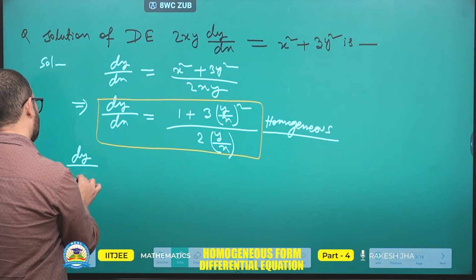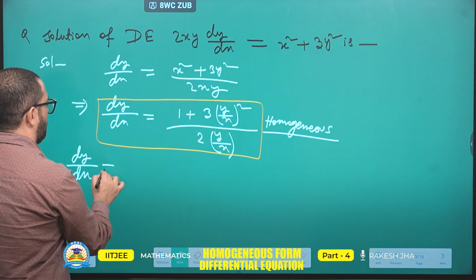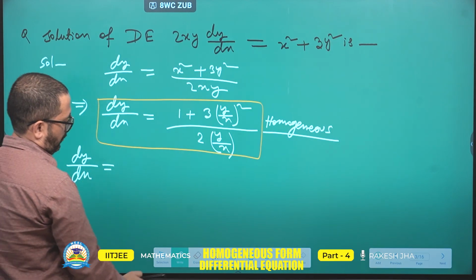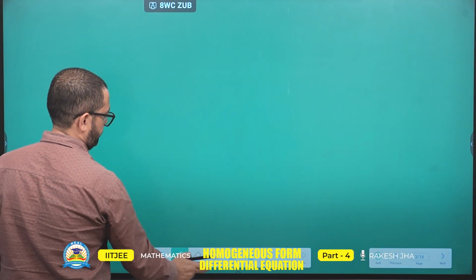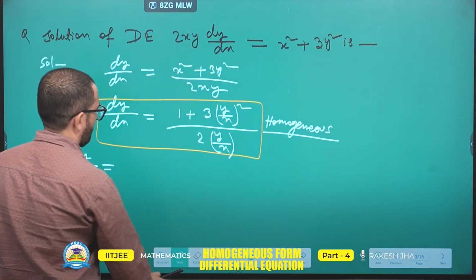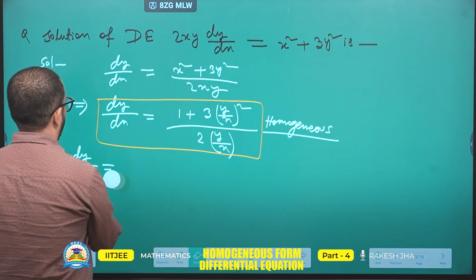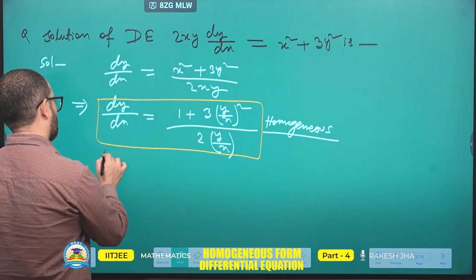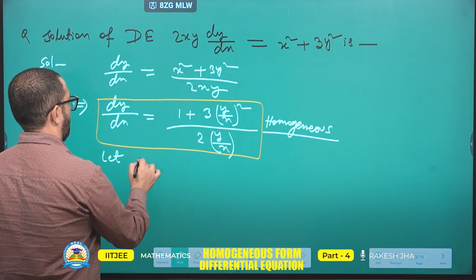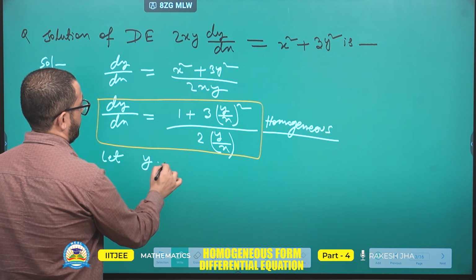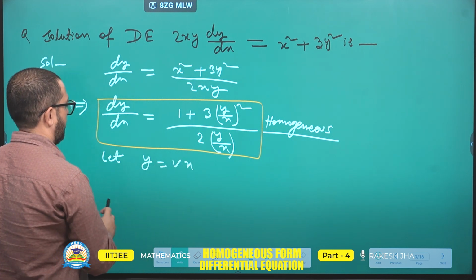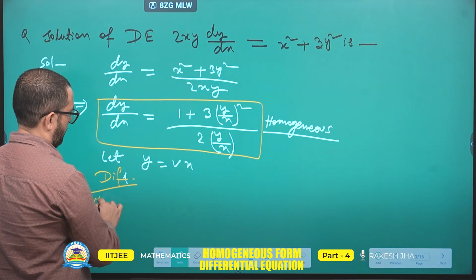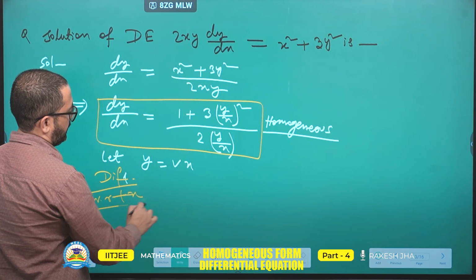Dy by dx is equal to, if we want this substitution, as I said, then we can put y is equal to vx, and we have to differentiate both sides with respect to x.